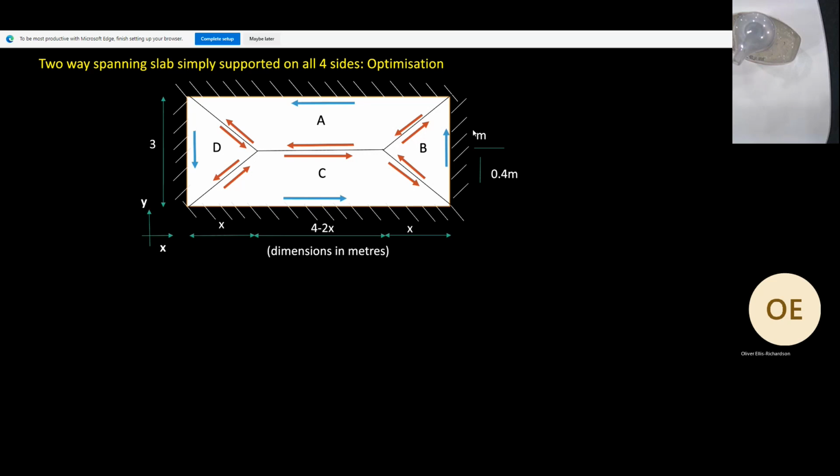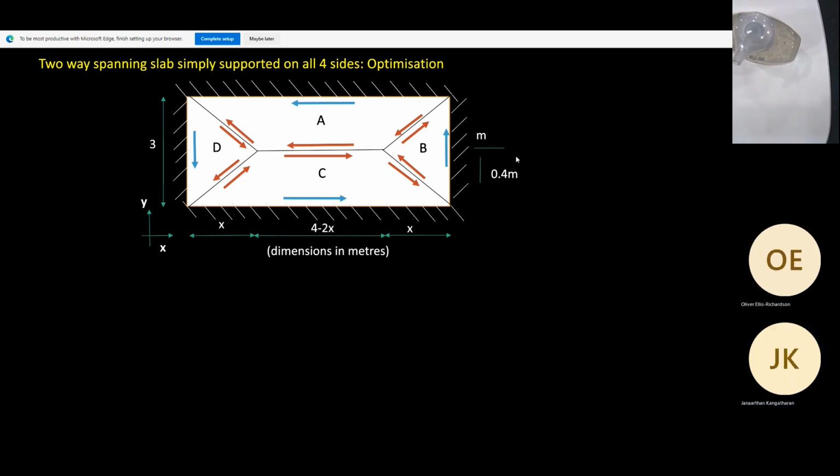Given also the moment of resistance in the x direction is m, and the moment of resistance of the slab in the y direction is 0.4 m. Again, that's given, okay? So the question is to determine the optimum value for x to give us the optimum solution in terms of moment of resistance for this particular slab.